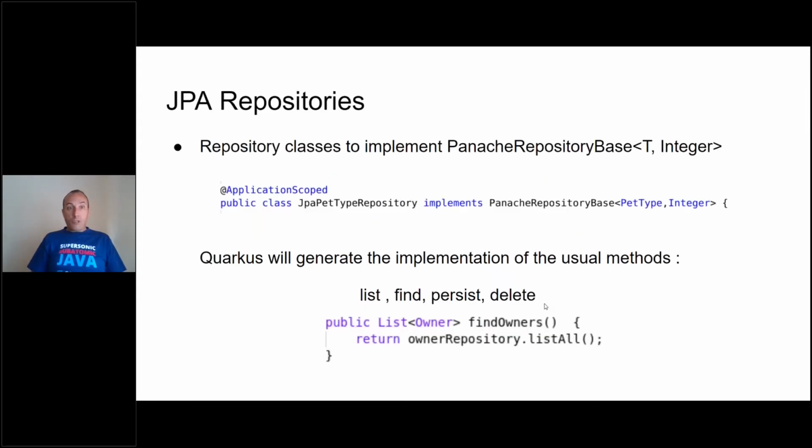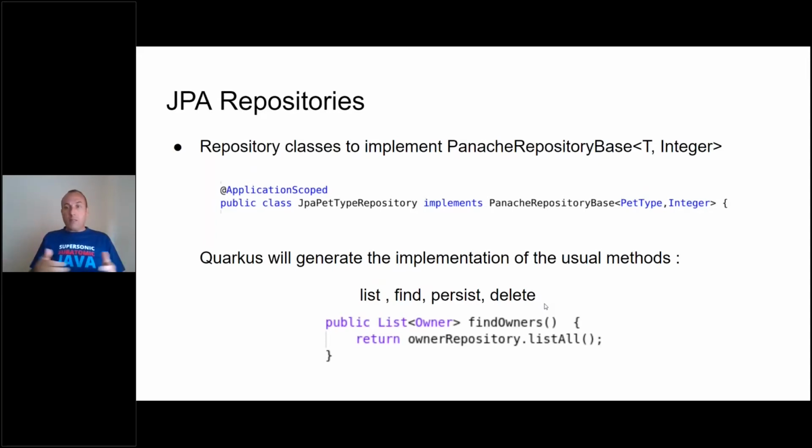Regarding the JPA repositories, it's a matter of moving from repositories to Panache repository. In this case, I moved to PanacheRepositoryBase just to be able to define the entity ID type, in this case integer, because by default it is long.